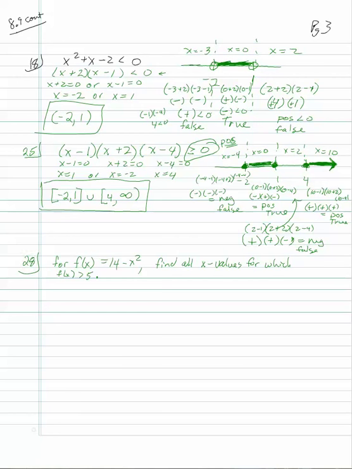Okay, so let's look at number 28. It says for f of x, which equals 14 minus x squared, find all x values for which f of x is greater than 5.